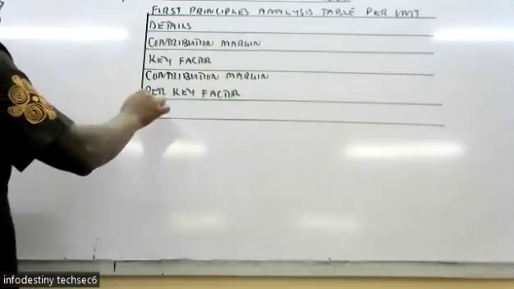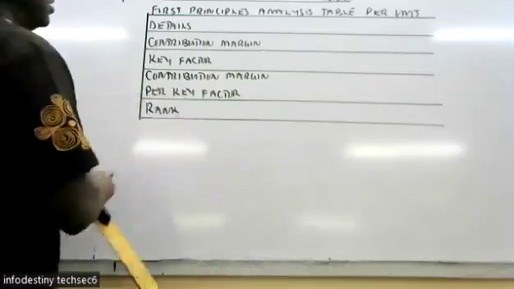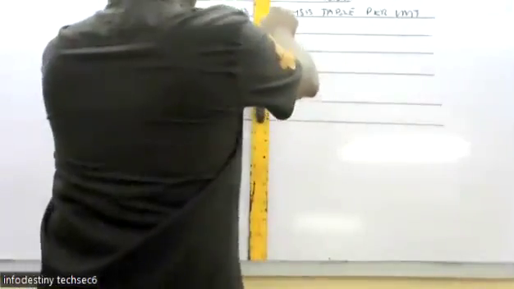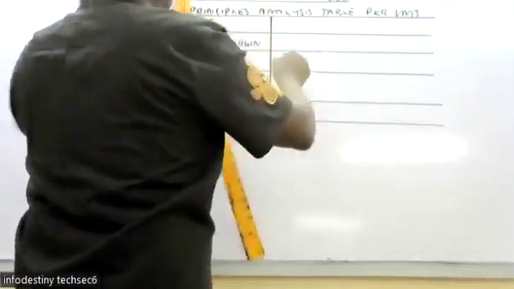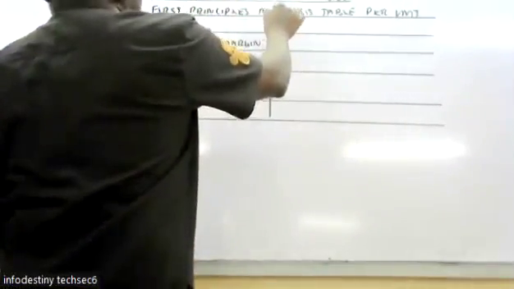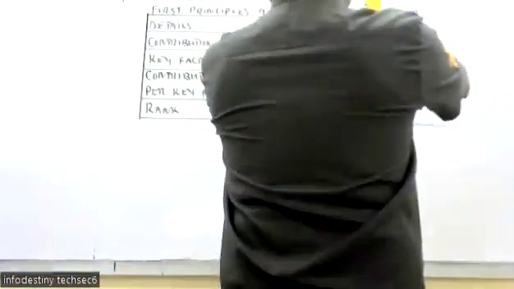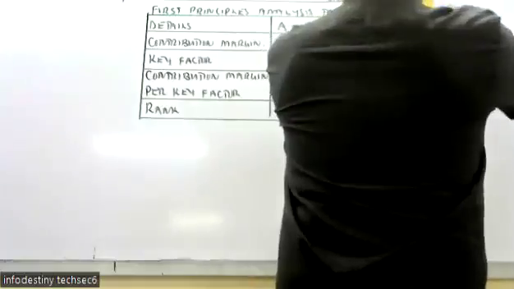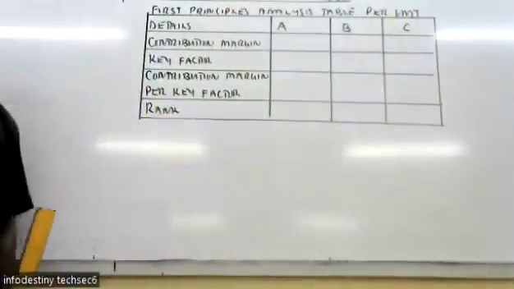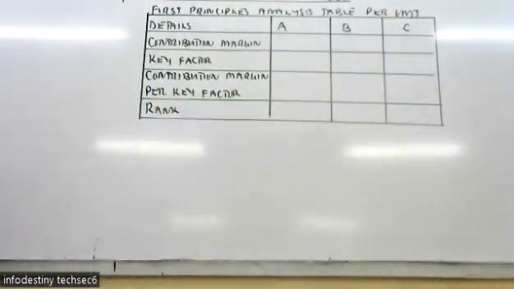And then you run, so we have product A, product B, and product C. That is what we call the first principles analysis table, the framework.